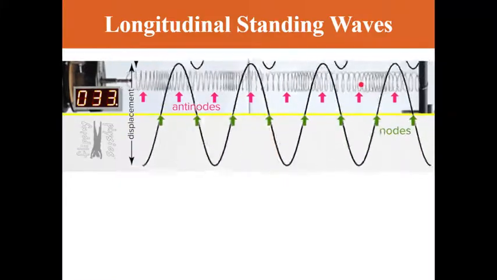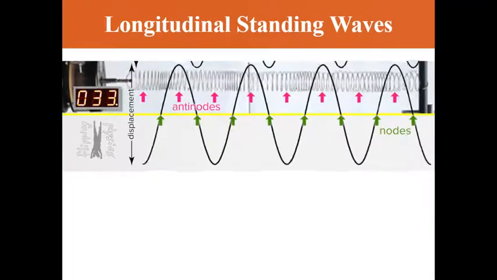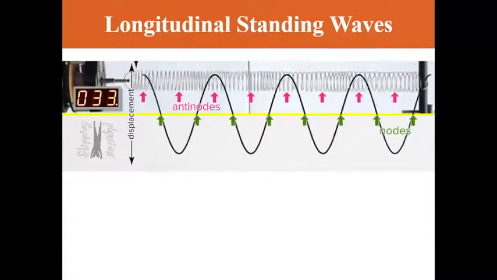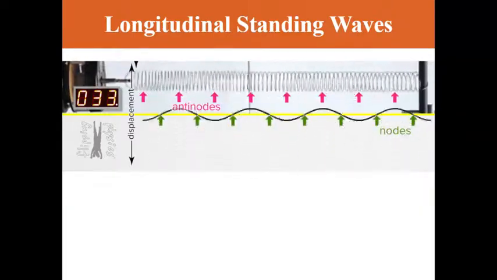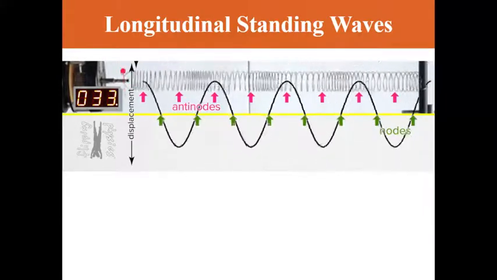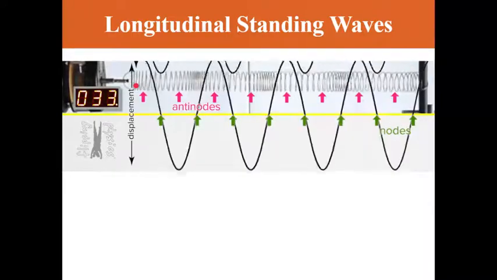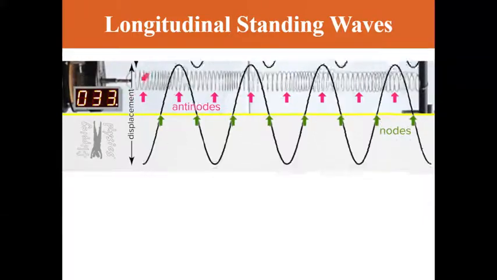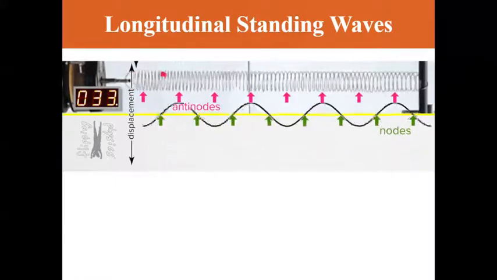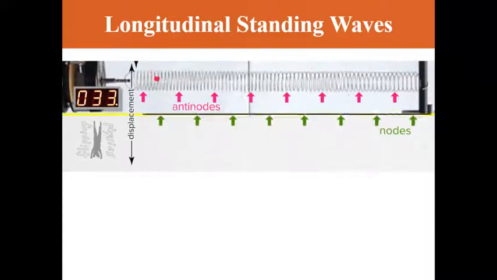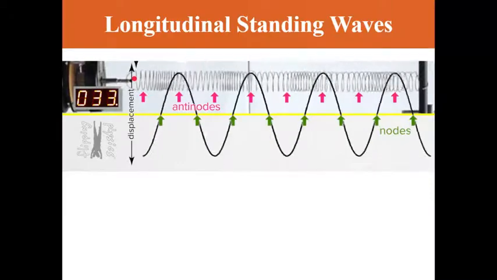Now, if we were to graph the displacement of each piece of the spring as a function of its position, then where we had pressure nodes, we actually have displacement antinodes. This point right here, for example, at the very beginning of the spring, is a pressure antinode, since the whole rings here get pushed to the right, creating this maximum pressure point right over here, which means that at the starting point there's no pressure change.